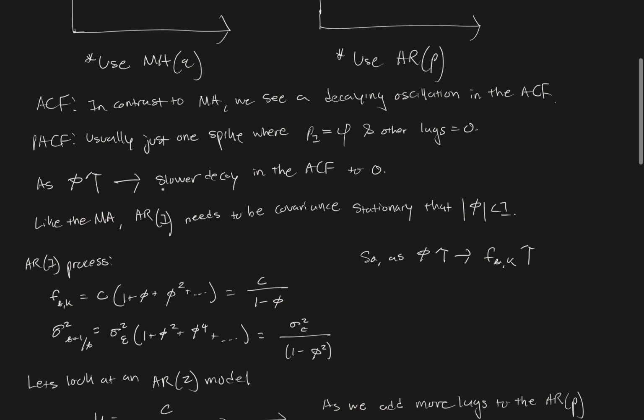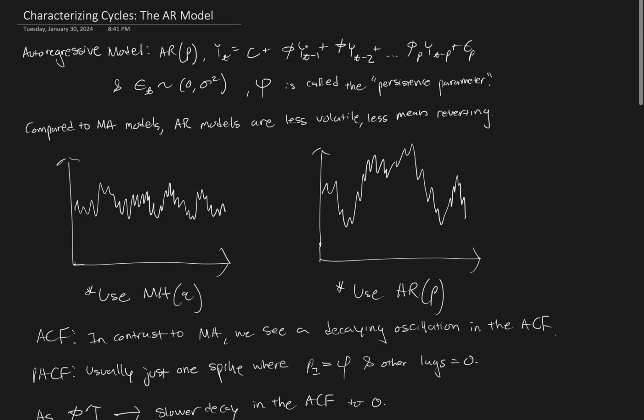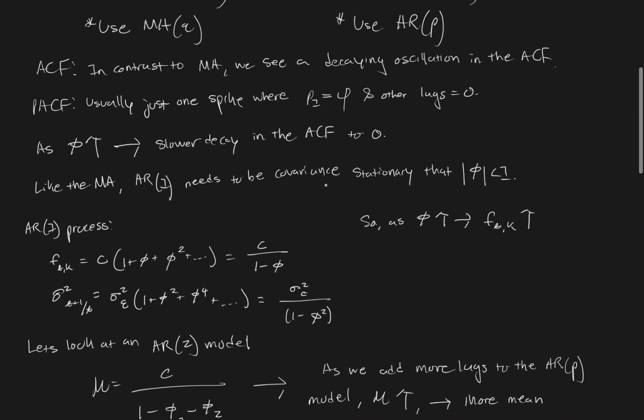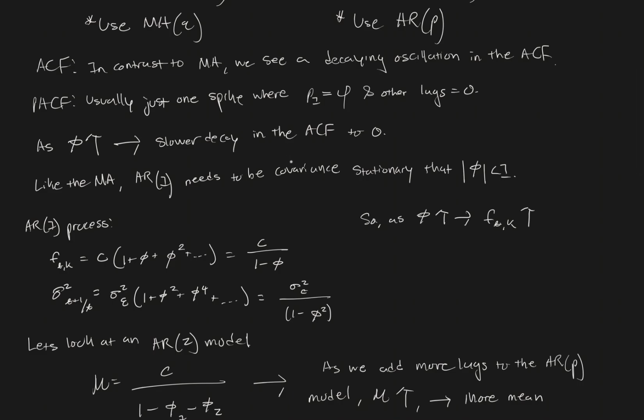All right. And just like the MA model, as our order increases, we have a slower decay. Or no, this is different. As our coefficient increases, the bigger our coefficient is, that means there's more autocorrelation, and so it takes longer for our ACF to decay to 0 because there is more correlation.